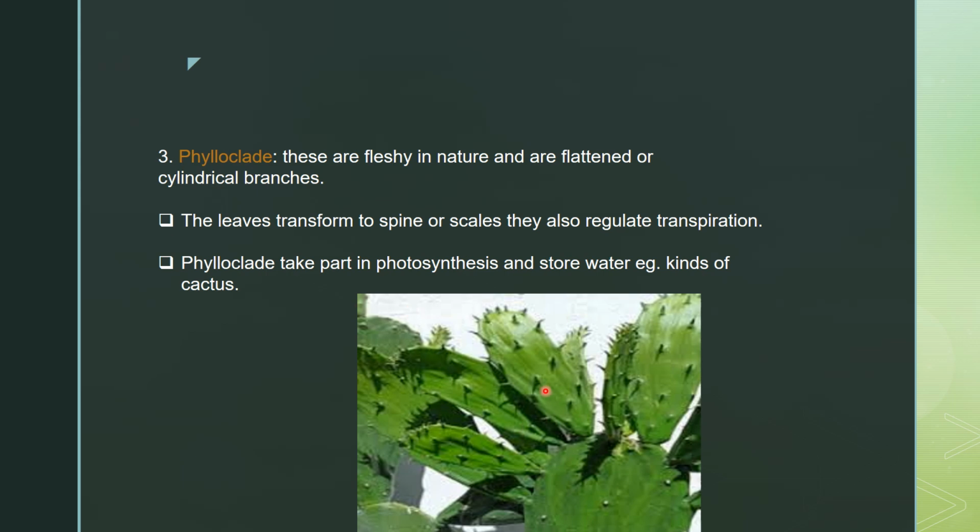But in general, the phylloclade takes part in photosynthesis because it has a green color, so it gets modified to help the plant manufacture food through photosynthesis, and the leaves transform to spines as you see in the example below, and it also regulates transpiration.